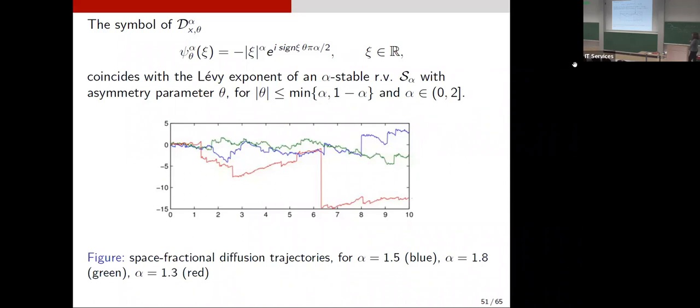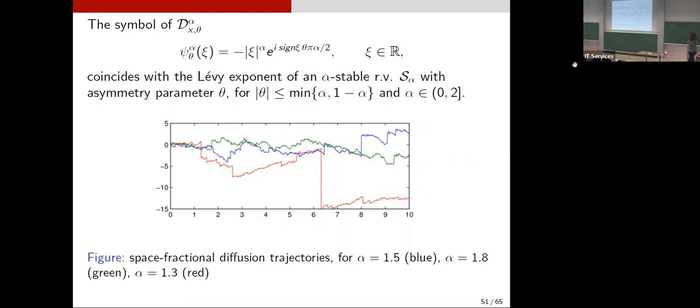In this case, we are not considering a subordinator. So this is an alpha stable random variable with a symmetry parameter theta not equal to 1, as in the case of subordinators. So it can also be symmetric.